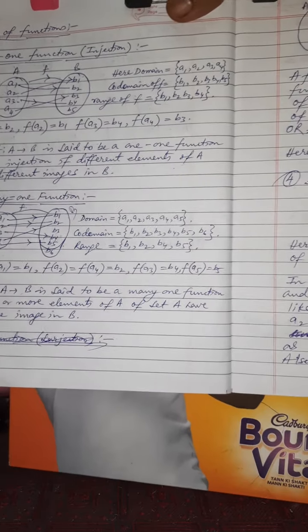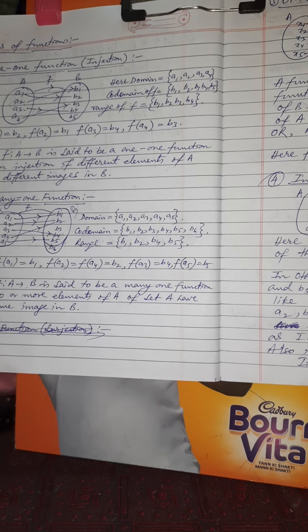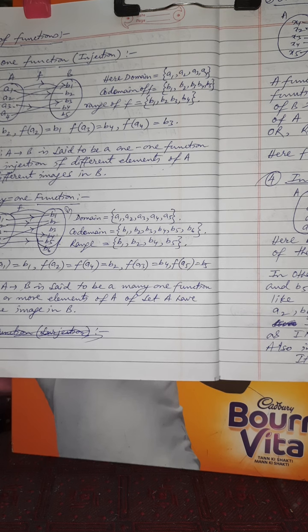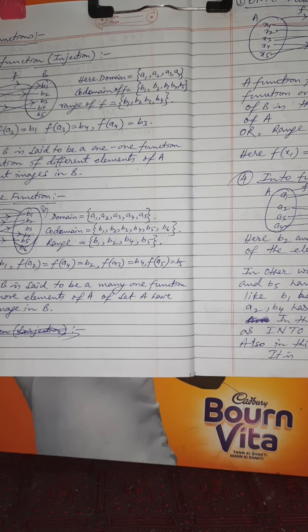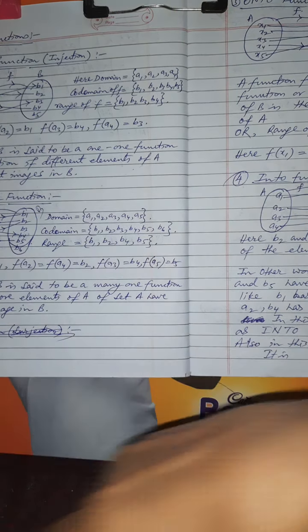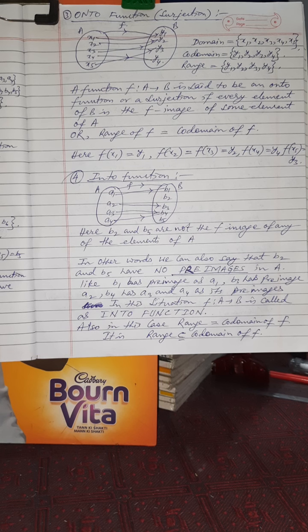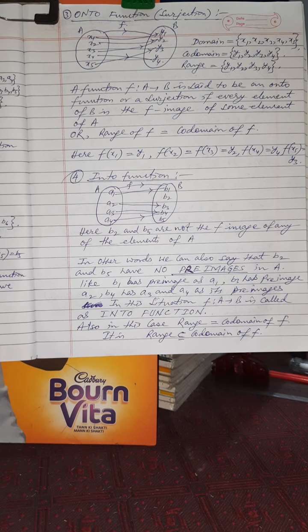Coming to the next type, it is the onto function, which is also called a surjection, or the function is called a surjective function.